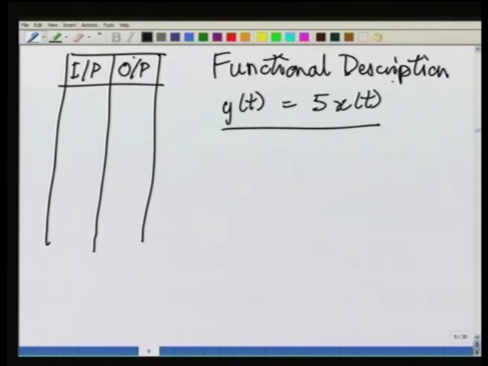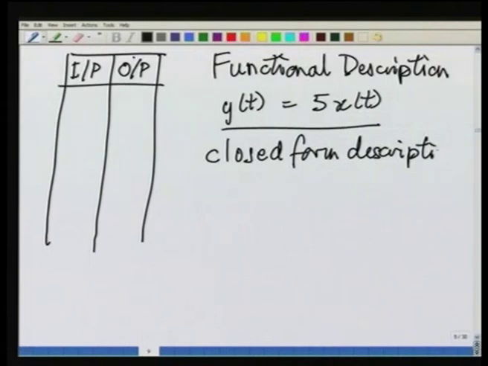Unfortunately, you cannot find functional descriptions for all arbitrary kinds of systems. Functional descriptions are what we can call closed form descriptions. Are available only for a very narrow class of systems.